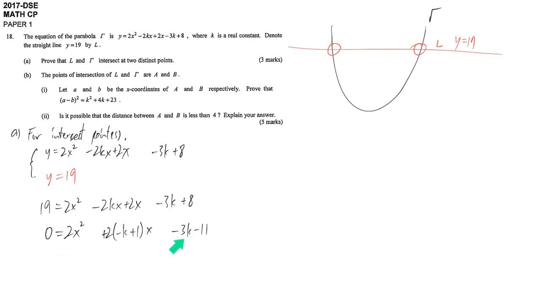After that, we have to prove there are two real solutions here. To do so, we are going to consider the delta of this equation. Delta is equal to b squared minus 4ac.